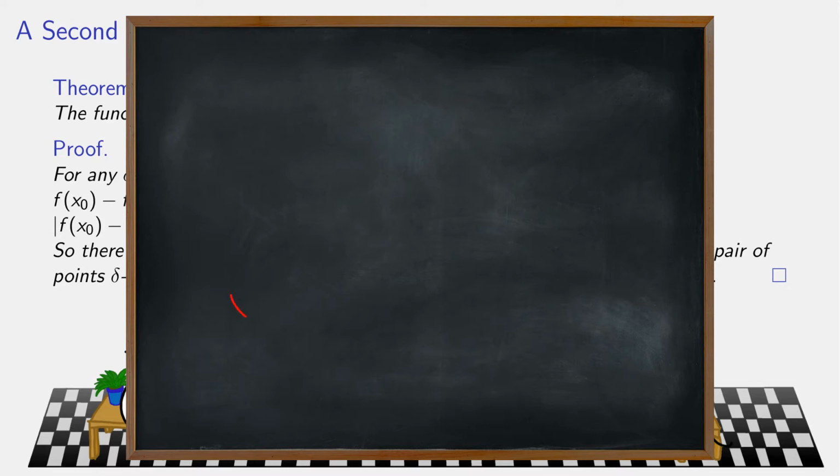So here's the function y equals x squared. Pick epsilon. Now remember, epsilon has to do with what's going on in the range. So I'm going to say epsilon is this big. Then this is fixed. This is no longer changing.